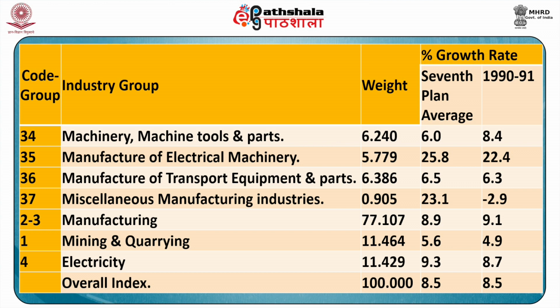Next is electricity. Its weight was 11.429 and the growth rate in electricity in the 7th 5-year plan was 9.3% and in 1990-91 it was 8.7%. The overall index has a weight of 100% with a growth rate of 8.5% in the 7th 5-year plan and 8.5% in 1990-91.